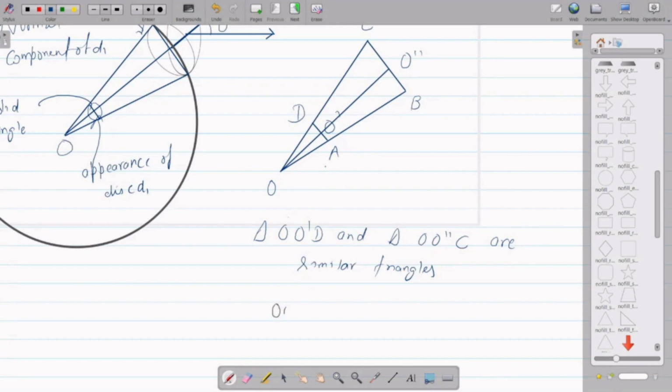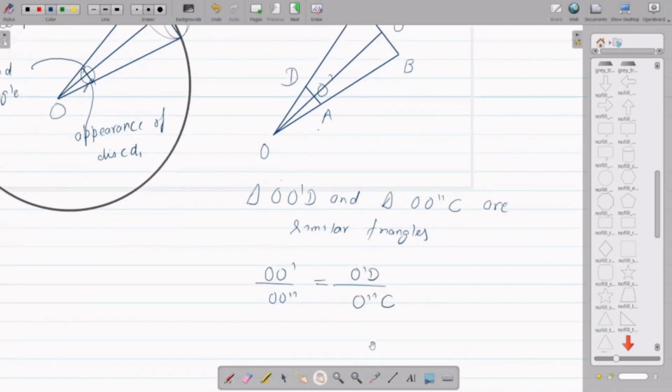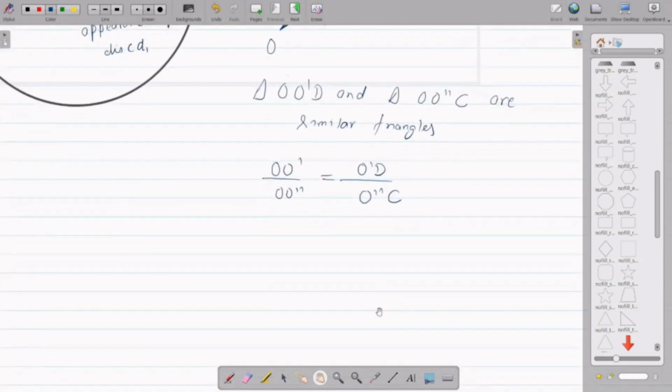Let's suppose I'm taking OO dash divided by OO double dash is equal to the O dash D divided by O double dash C, right? Now, in the next step, what I do here, I take the square of both sides, then it gives me OO dash squared over OO double dash squared equals O dash D squared over O double dash C squared, right?